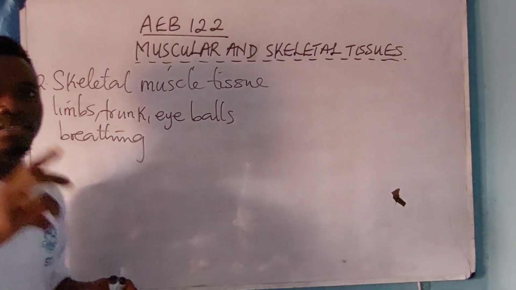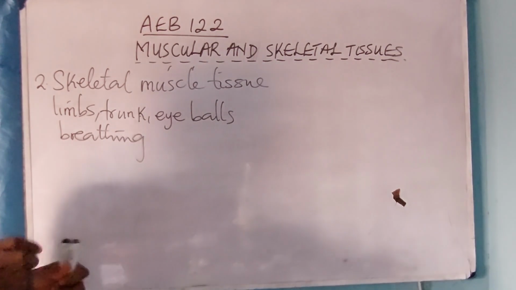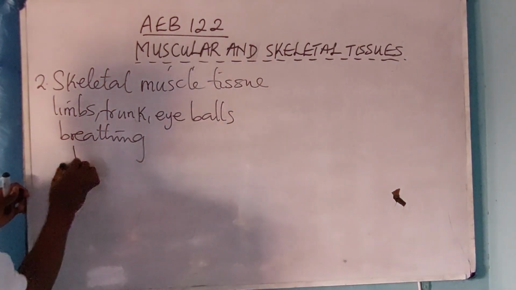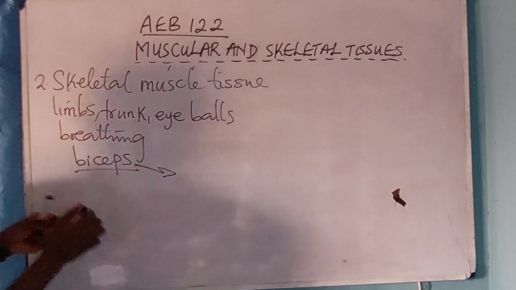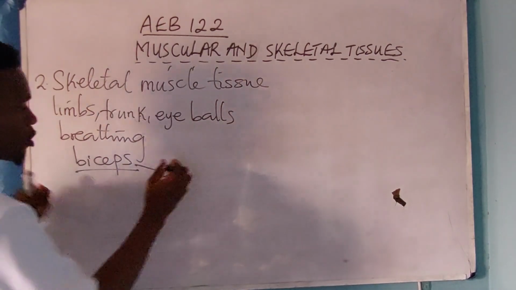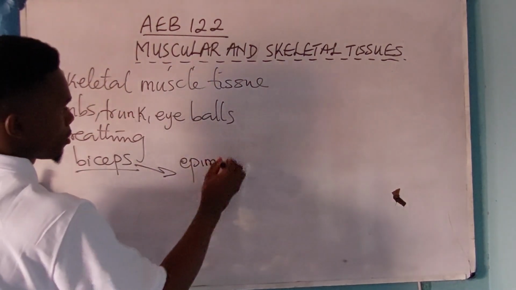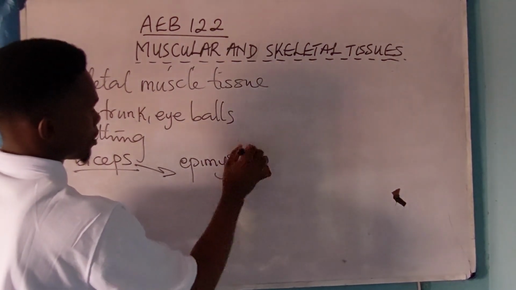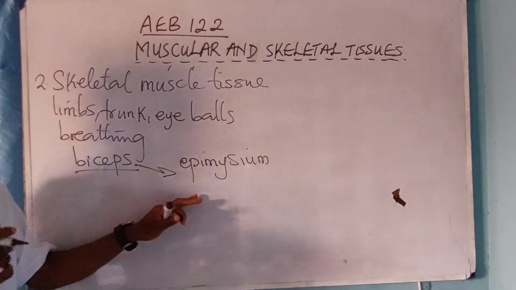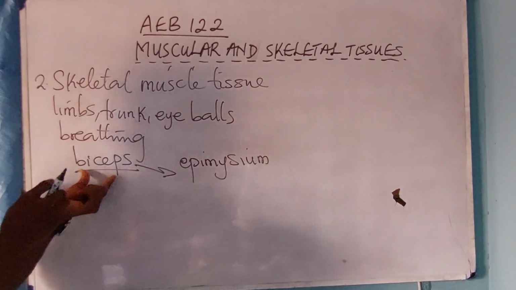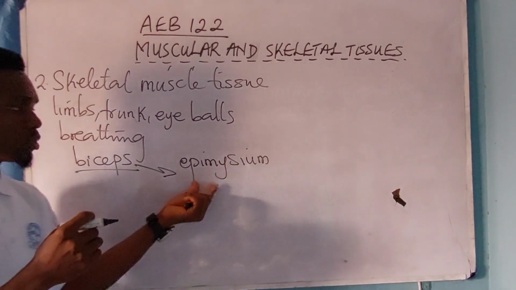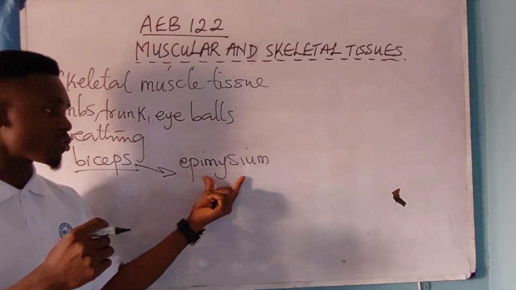Now, all the skeletons found in the human body, such as the biceps. Now, the biceps are enclosed in a connective sheath called what? Epimysium. Please, the connective sheath where the biceps are enclosed is called what?